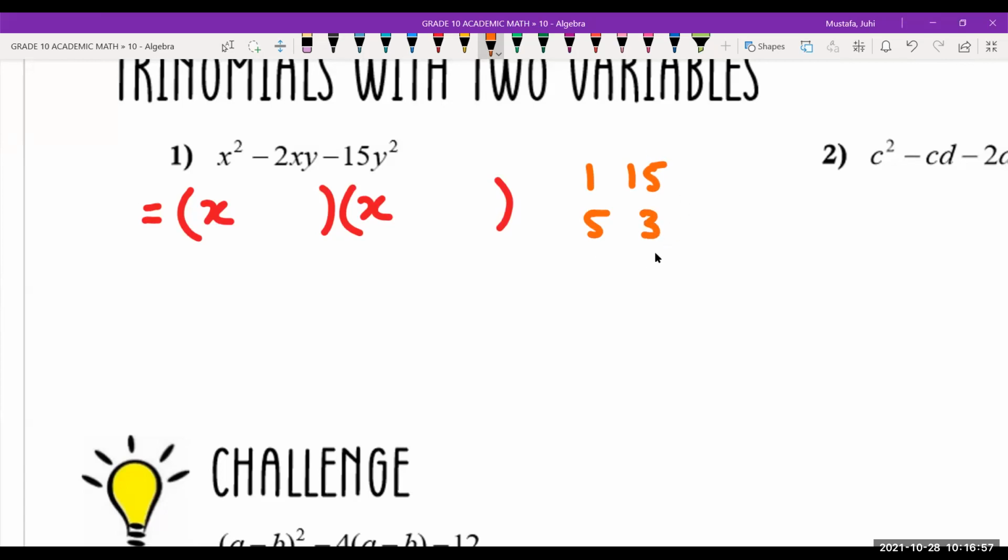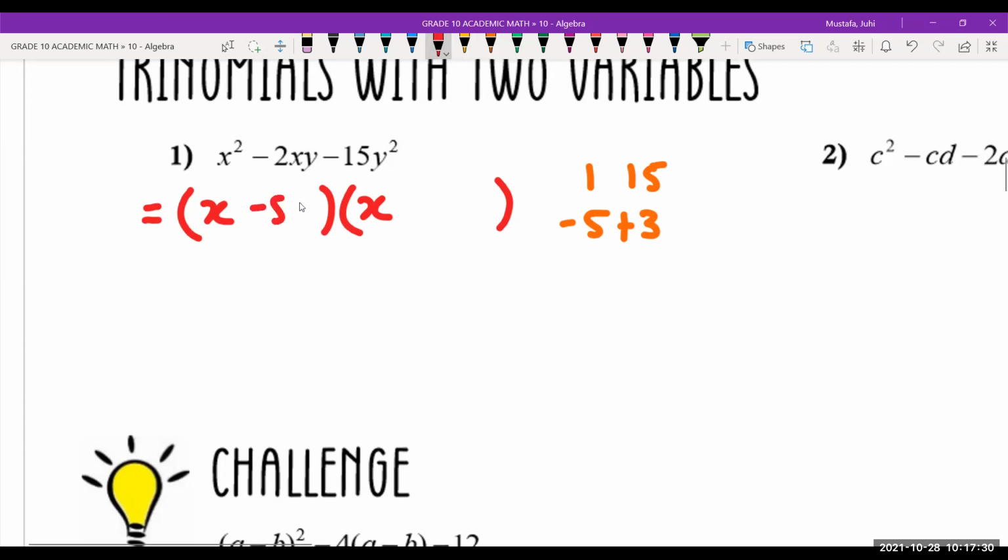Which one of these pairs of numbers adds or subtracts to give me negative 2? 5 minus 3 is close, but that would only give me a 2. How do I get a negative 2? Close. Negative 5 plus 3 is going to give me negative 2. Negative 5 times positive 3 is going to give me negative 15. So those are definitely our answers.